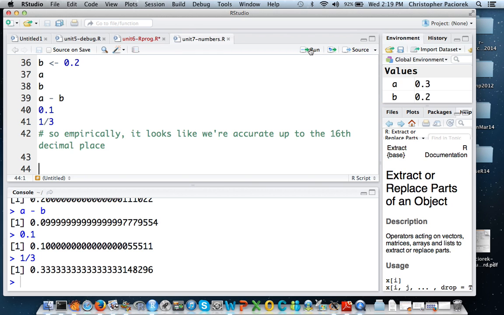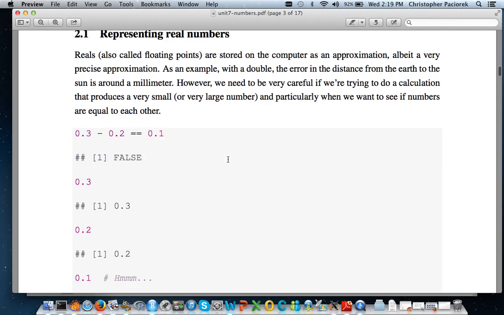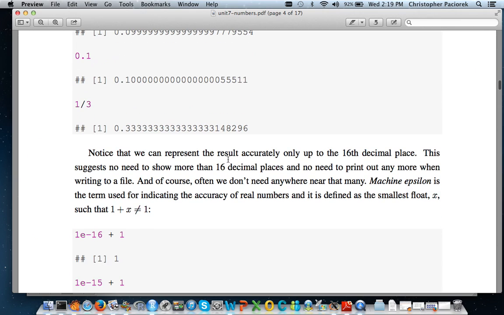One term that I want to acquaint you with is something called machine epsilon, and there are a couple different definitions of machine epsilon, one of which is that it's the smallest floating point value, smallest real number, such that on a computer, 1 plus x does not equal 1. So how small can we make x before, when we add it to 1, what we get back is not any different than 1.